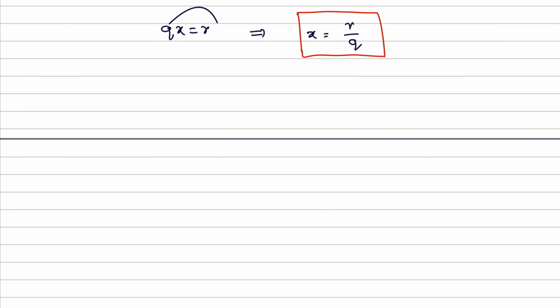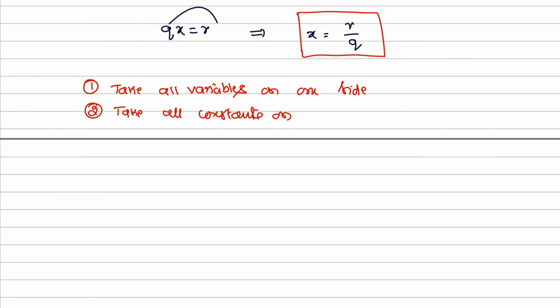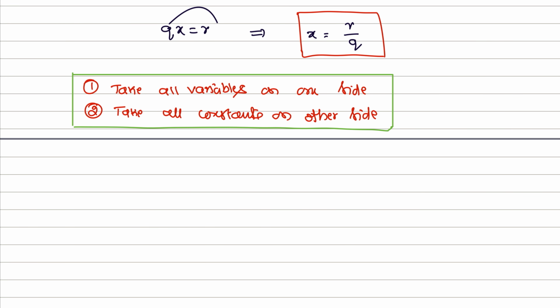First thumb rule is take all variables on one side, and take all constants on the other side. This is the basic principle which you have to apply whenever you do linear equation problems. Very important. Keep a note of it.